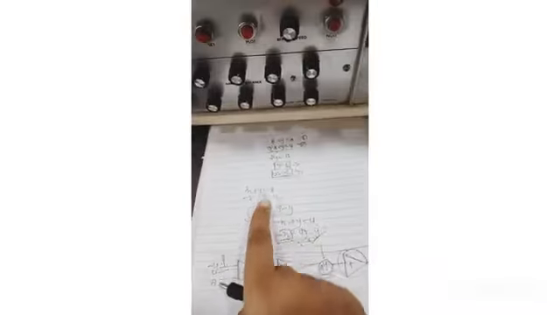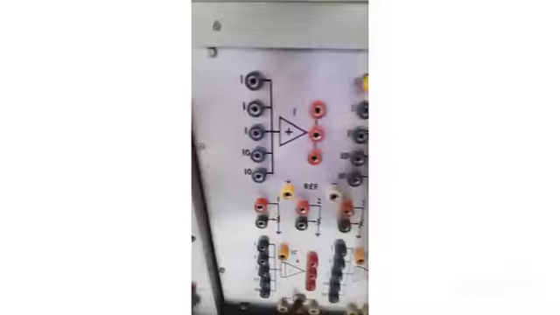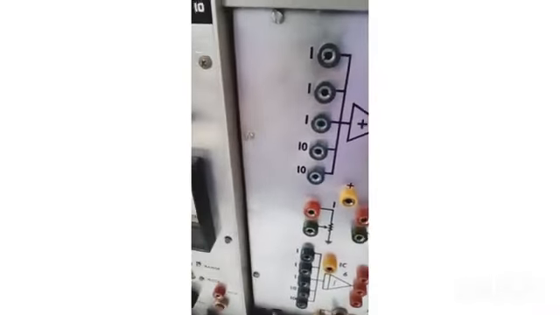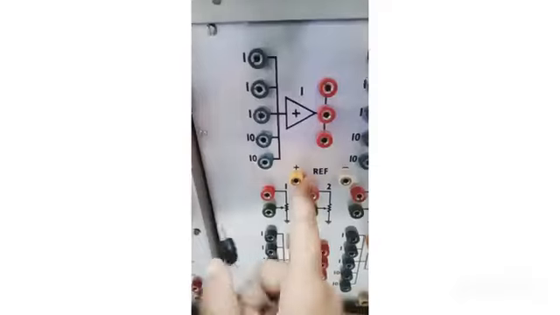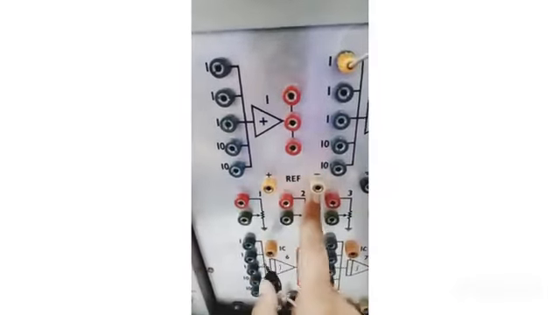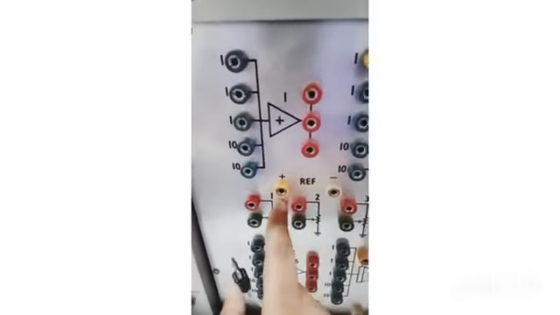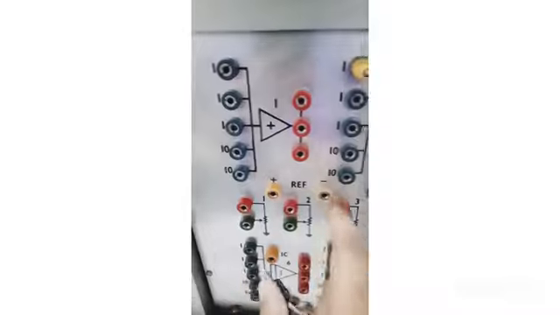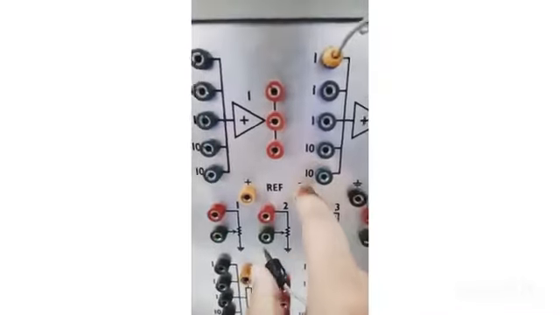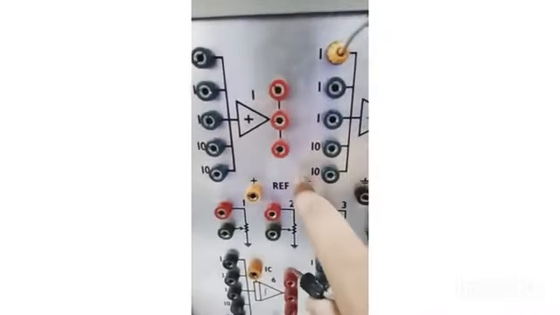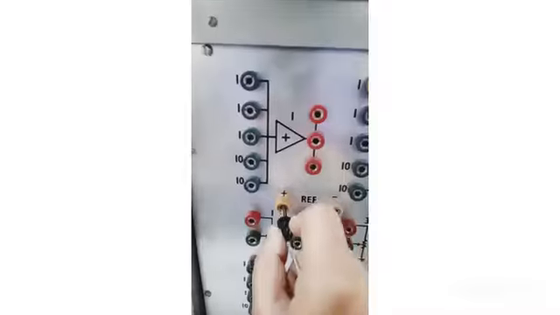Now I have to give it 8 volt. How can I give it 8 volt? This is the positive reference and this is the negative reference. Here the value is positive 10 volt and here the value is negative 10 volt. Actually it is already present in the system, so I do not have to do anything with this.